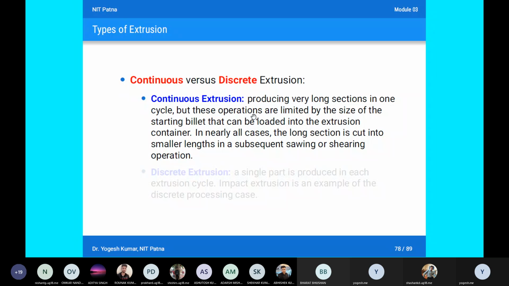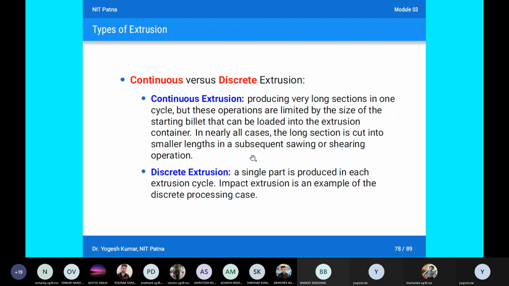But the continuous extrusion is also limited by the size of your starting billet, because we cannot have a starting billet of unlimited size, since there is a certain limitation on the size of billet that can be loaded in your extrusion container. So in nearly all cases, the long section is cut into smaller lengths in a subsequent sawing or shearing operation.